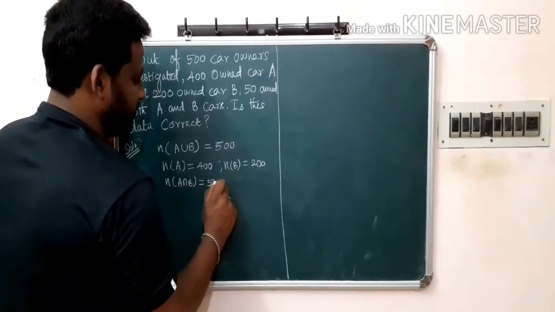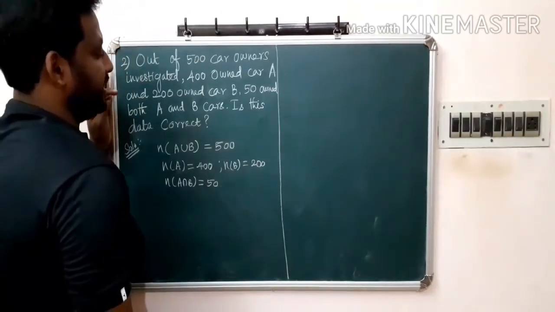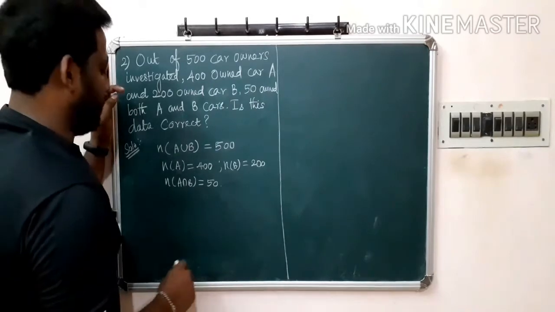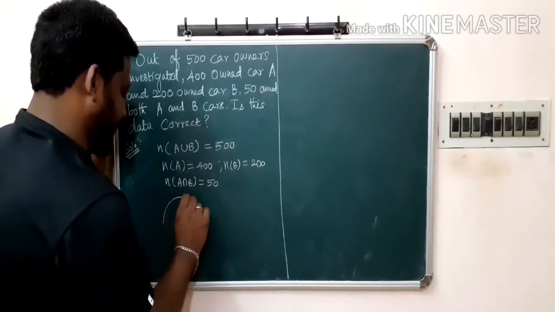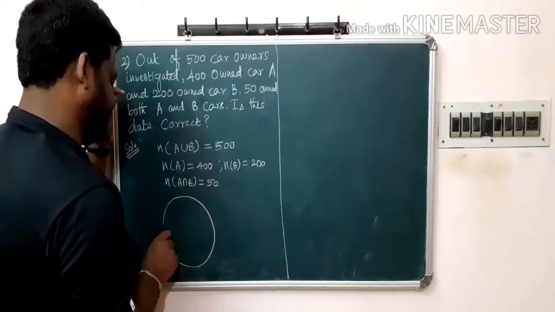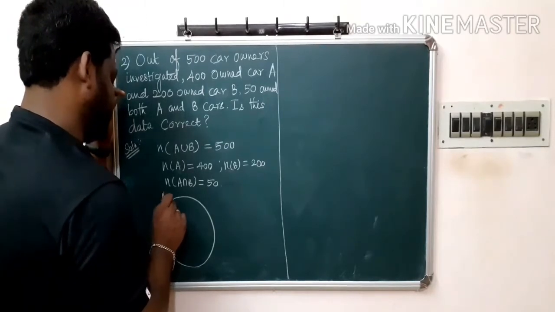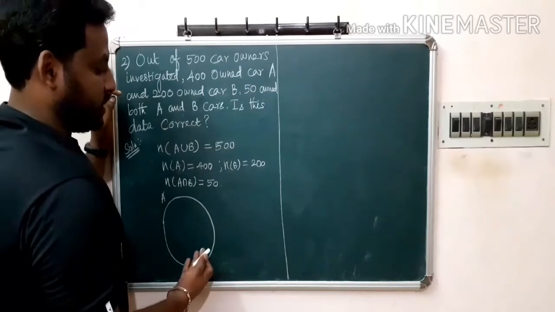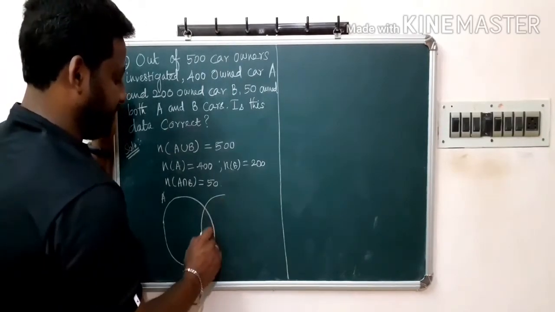50. So we have to check whether the given data is correct or wrong. So we know that the types of set, one is set A. Here the Venn diagram is, if you want to draw, otherwise no need.